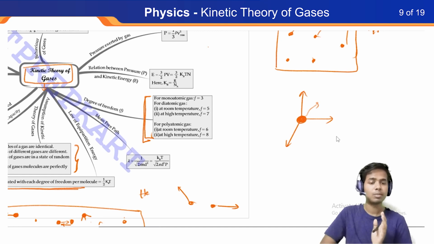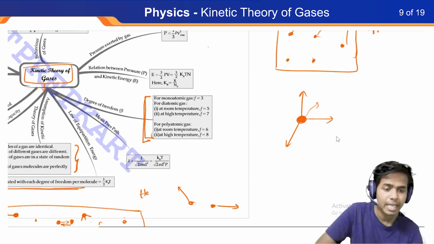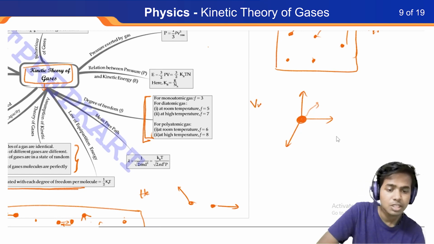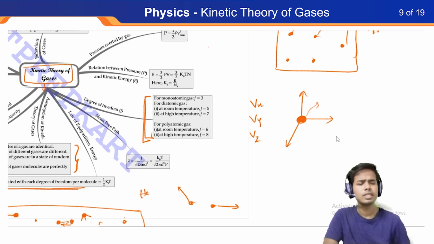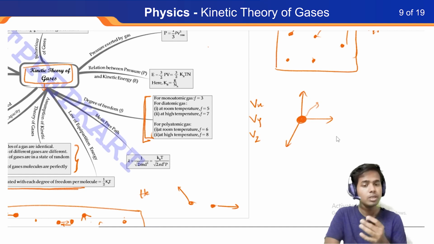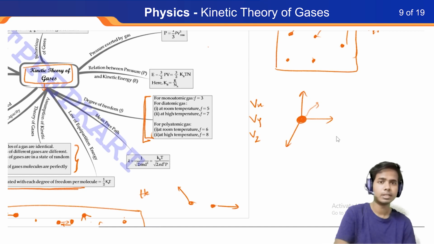We are just concerned about the maximum number of independent movements the particle can have. Of course it can have a velocity in the x direction, the y direction, and the z direction. These three velocities it can have, and all these velocities individually should contribute to the kinetic energy of the body, right?